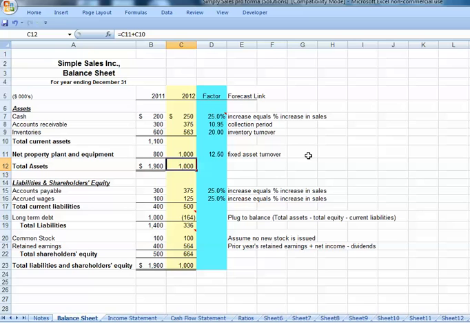And there we have our plant, property, and equipment. A 25% increase of sales resulted in a 25% increase in fixed assets. If we wanted to improve our fixed asset turnover, we would need less in the way of fixed assets. So this is how we can change or recast our pro forma to make it slightly more user-friendly.